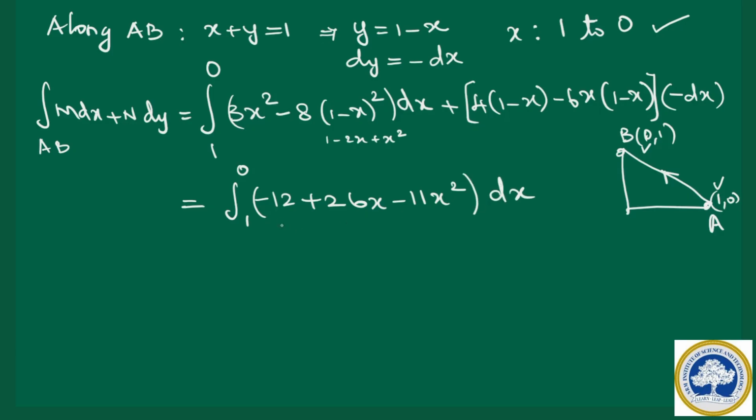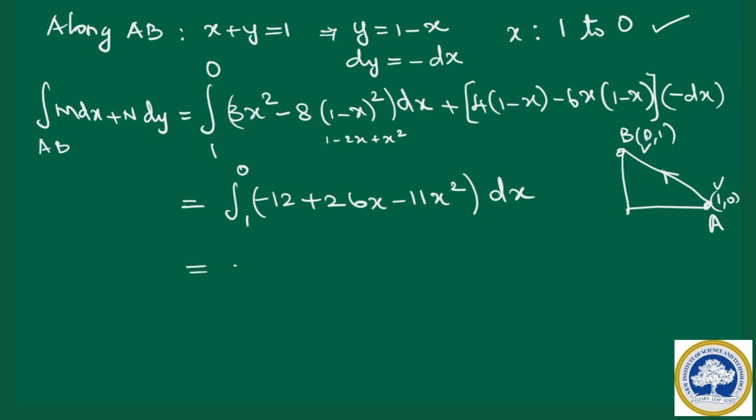So we are having minus 12 dx. Similarly, you collect all the x terms. X terms is what? 8 into minus 2 is 16. And then here minus 4x minus 6x is minus 10. So totally 16 plus 10 is 26. Right? So 26 means how much? Plus 26. Similarly, we can combine the x square term also.